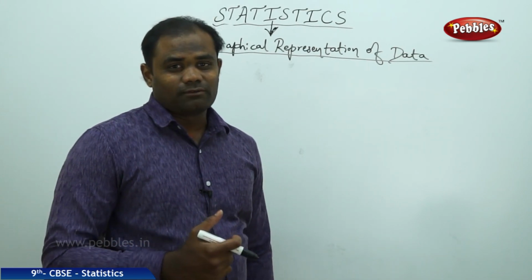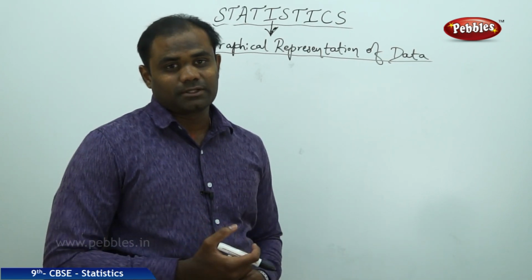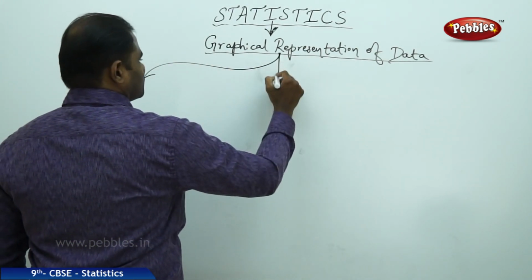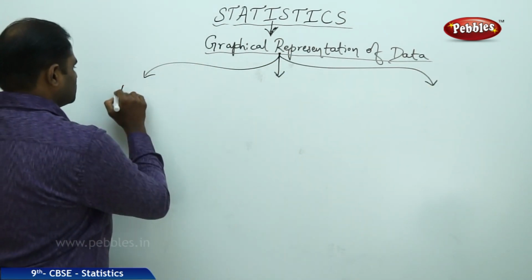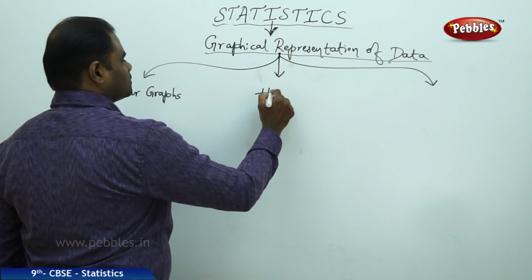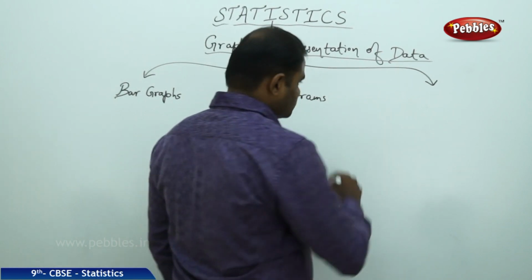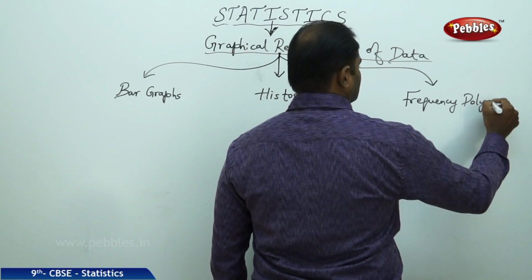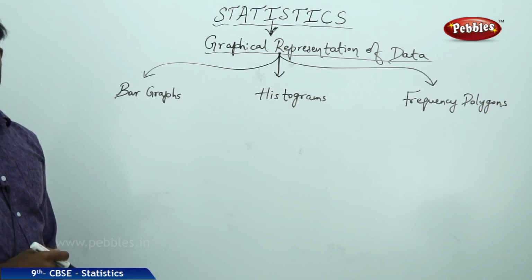There are three types of graphical representations which we use most frequently in the branch of statistics. The three graphical representations which we are going to deal with in the syllabus are bar graphs, histograms, and the frequency polygon.